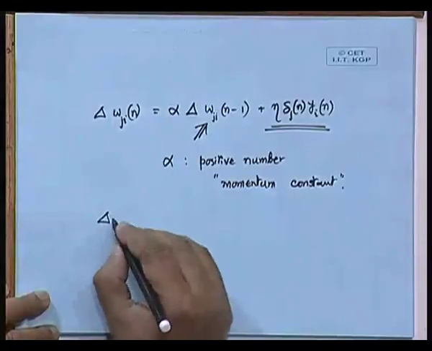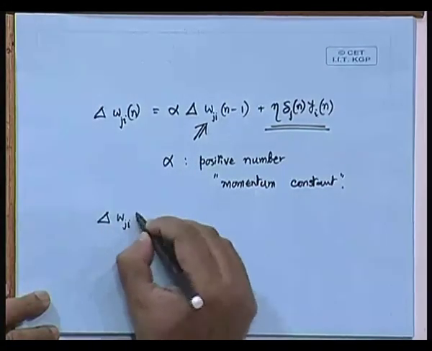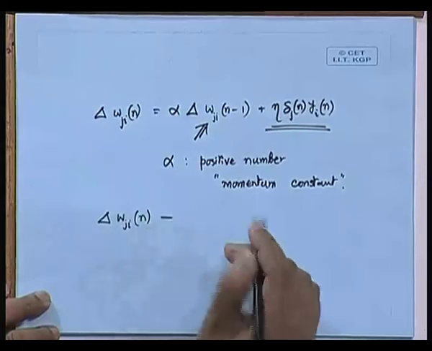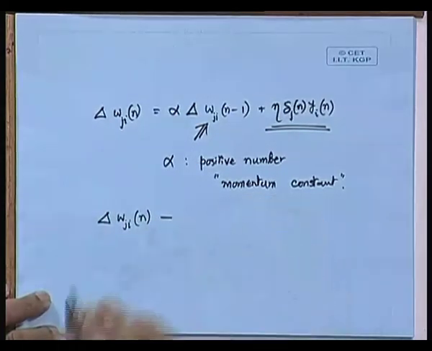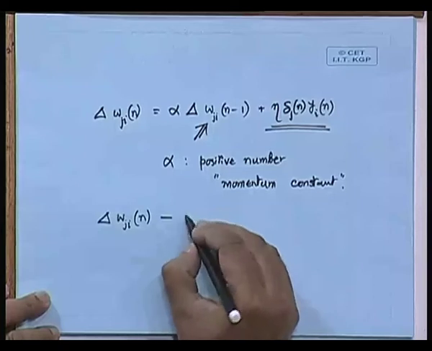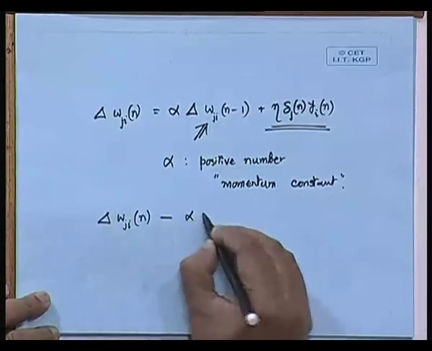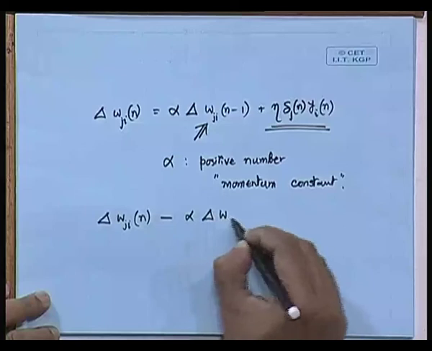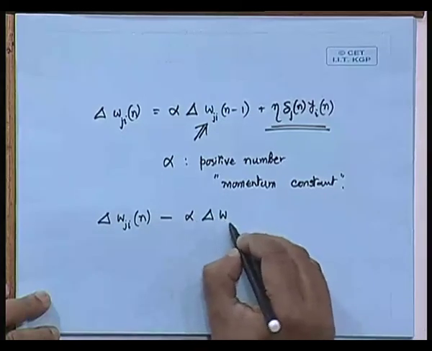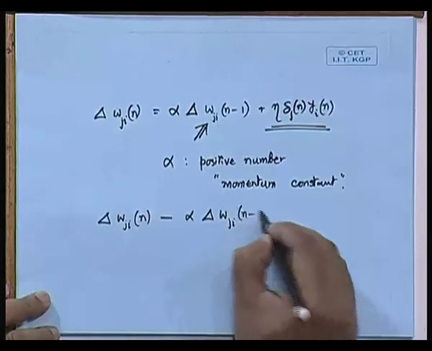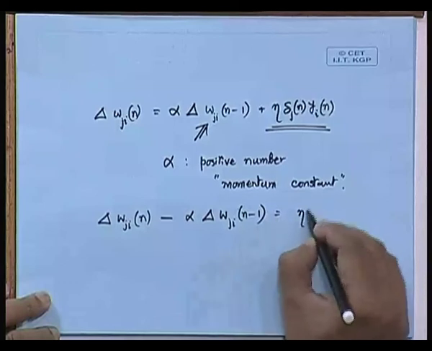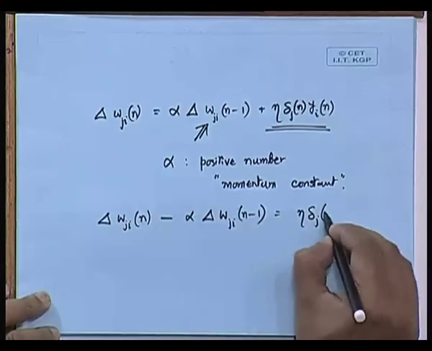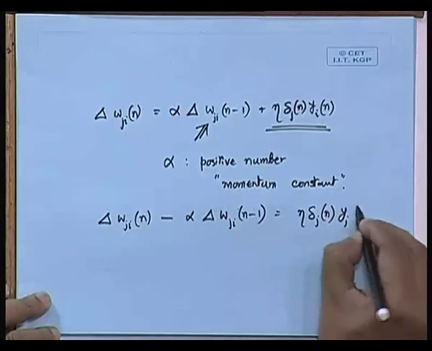Now, this equation that we have got over here could be written in the form of a difference equation. If we write it, then we have delta Wji(n) minus alpha times delta Wji(n minus 1), which should be equal to eta times delta j(n) yj(n).